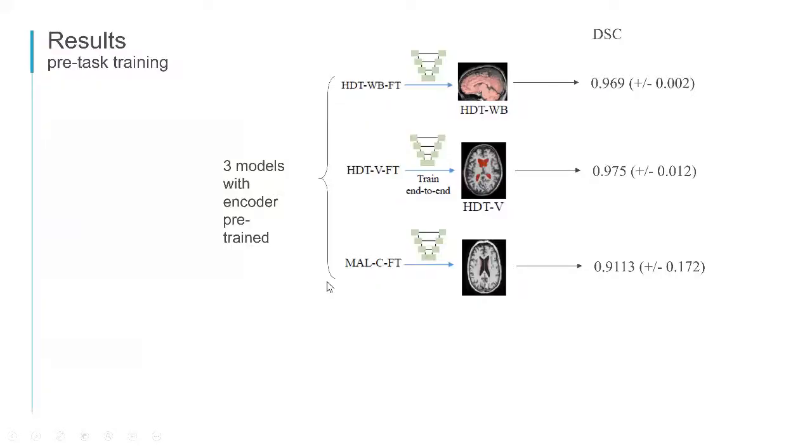The first thing we can check is the pre-training task performance. So we're going from top to bottom. The whole brain performance has a dice of 0.97 with a very small standard deviation. Similar scores for the lateral ventricles. These are both trained on manual labels.